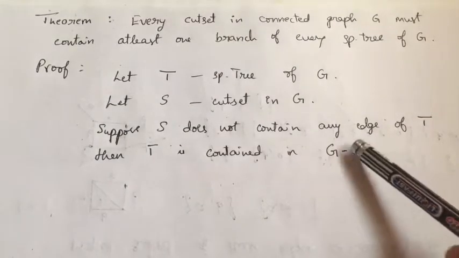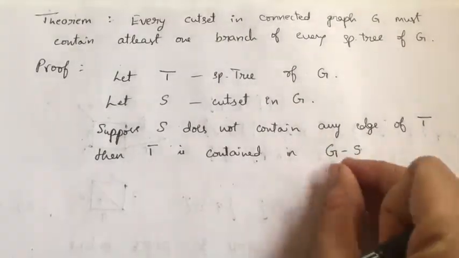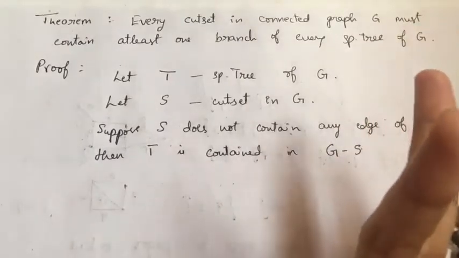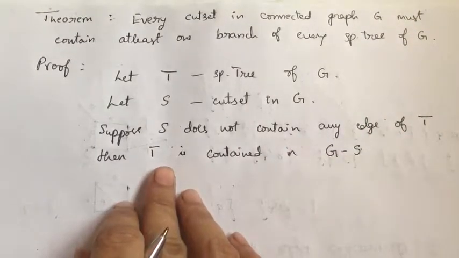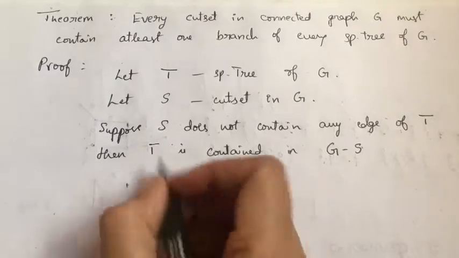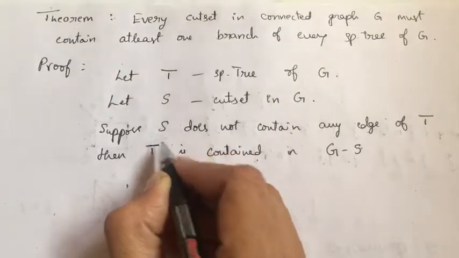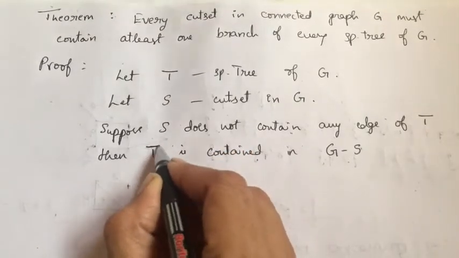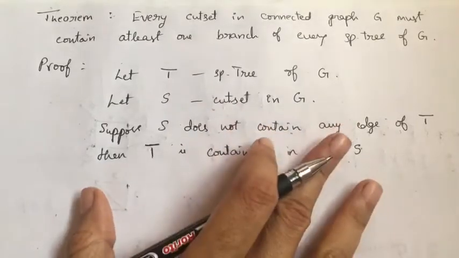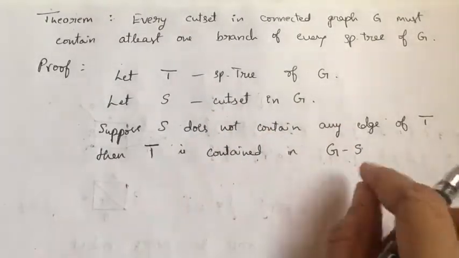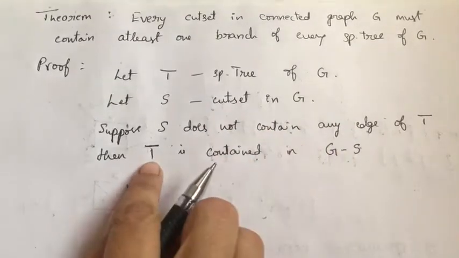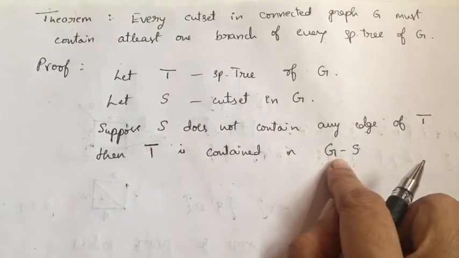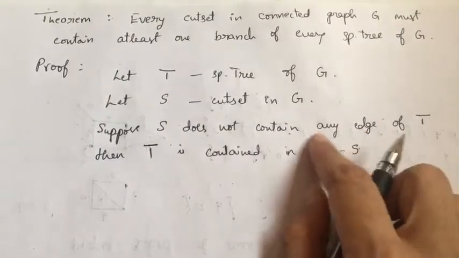See what happens if I remove S, then it will be a disconnected graph. Then how can it have a tree? A tree here means a spanning tree, so it should contain all the vertices of G. If I say that T is in G minus S, what is G minus S?